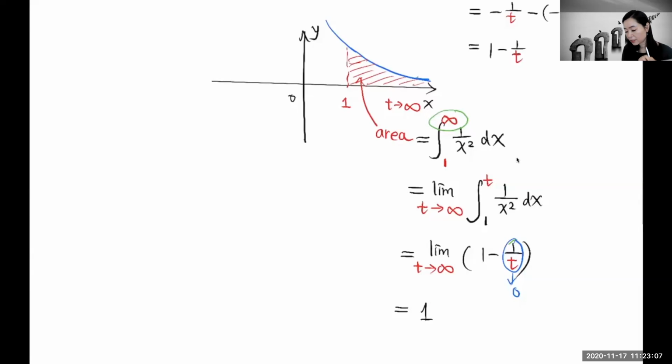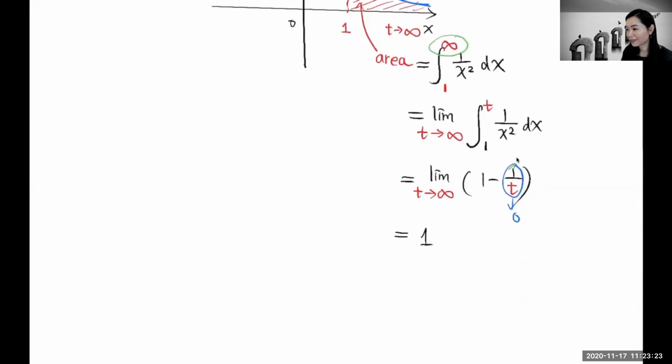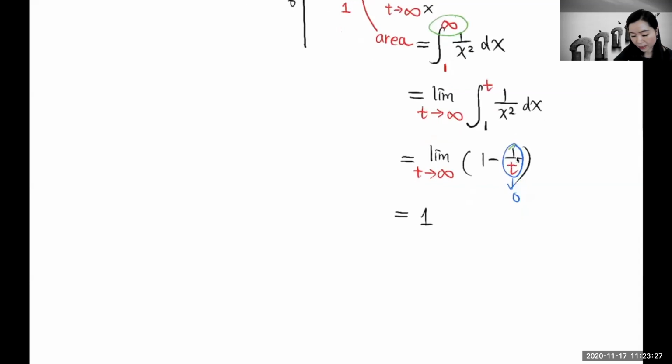Okay, so what you have seen over here is one example of an improper integral, this one over here, okay? When the upper limit here or the lower limit involves infinity or negative infinity, that's called improper integral, and it's type 1, okay? So let me write it down.